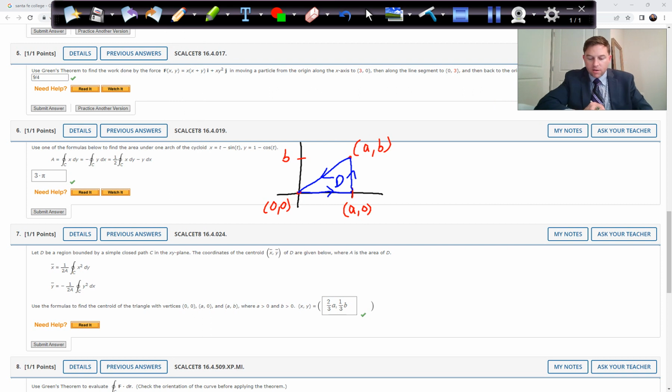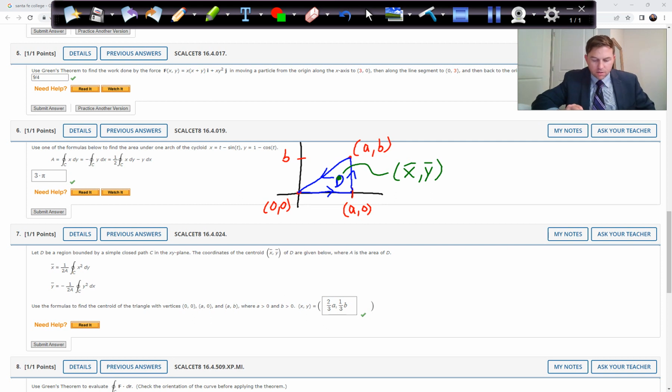And basically they want us to find the centroid of this particular shape. The centroid is going to lie somewhere like right here, and we're going to call that point x bar comma y bar. Again, if we're thinking of gravity or something, the centroid would be where everything is balanced out.